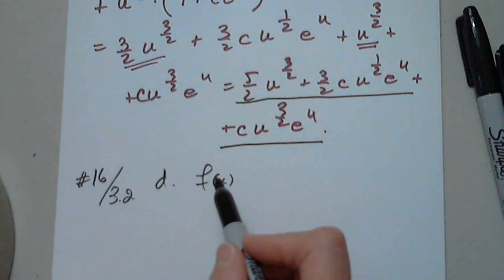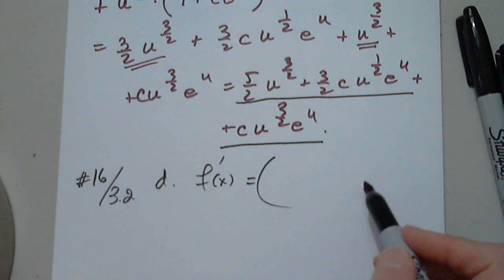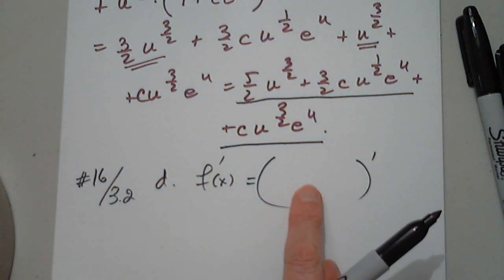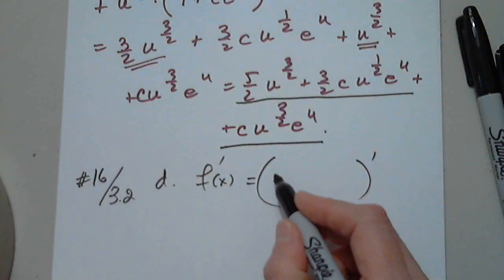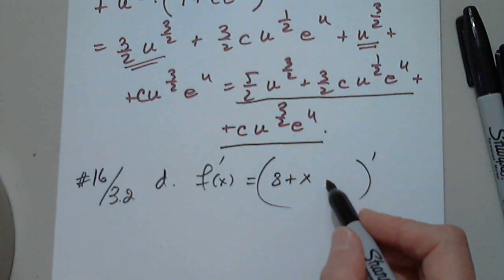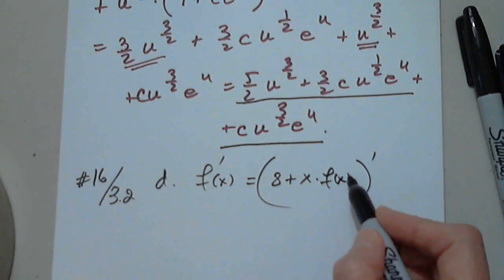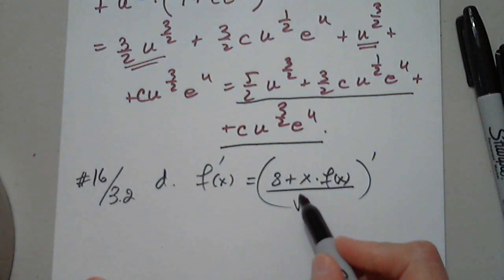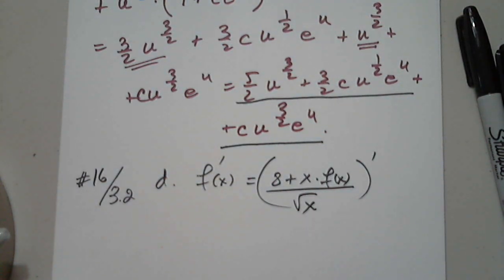So yeah, the derivative. So we want f prime, which is which function? So we're given y equals 8 plus x times f of x, and all of that is over the square root of x. Yes, perfect.